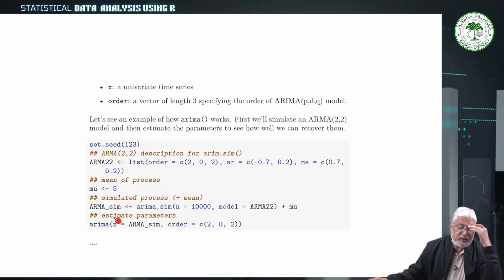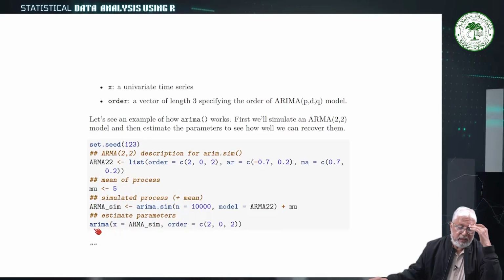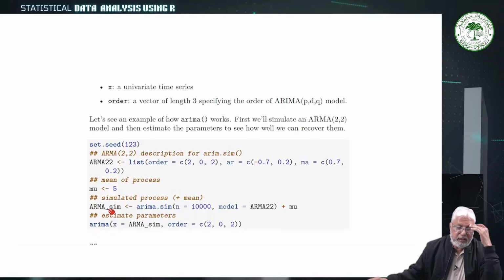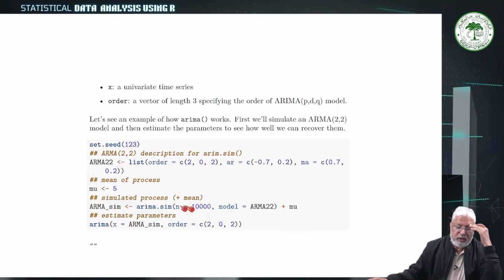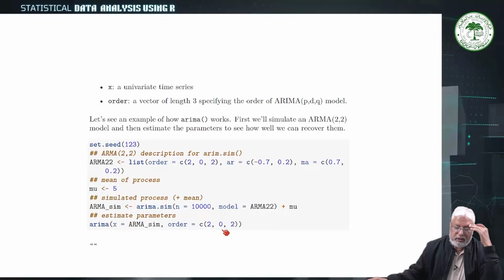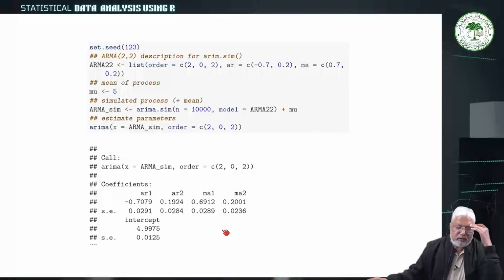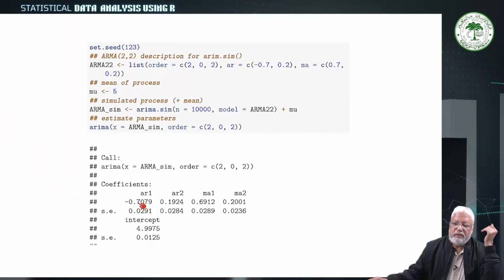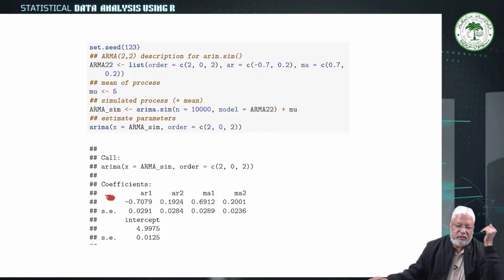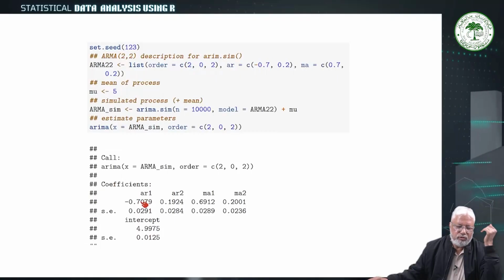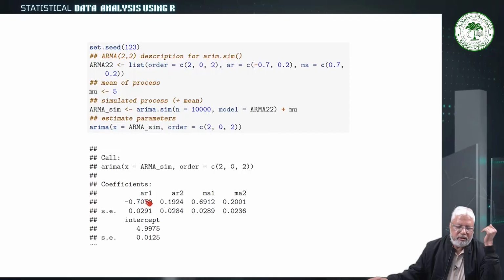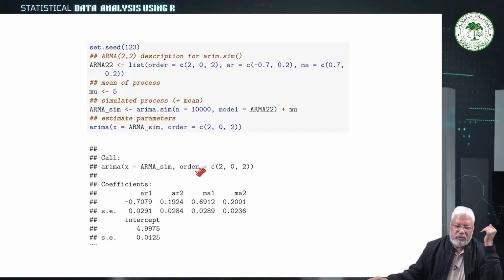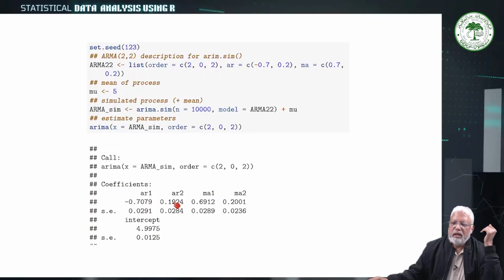Estimate parameters: arima(x) with the data from arima.sim, this is the model, order is this, and we are getting the results. See the coefficient AR1: the simulated value is minus 0.7, and here the estimate is also minus 0.7. Then AR2 is 0.2, and the estimate is 0.19.